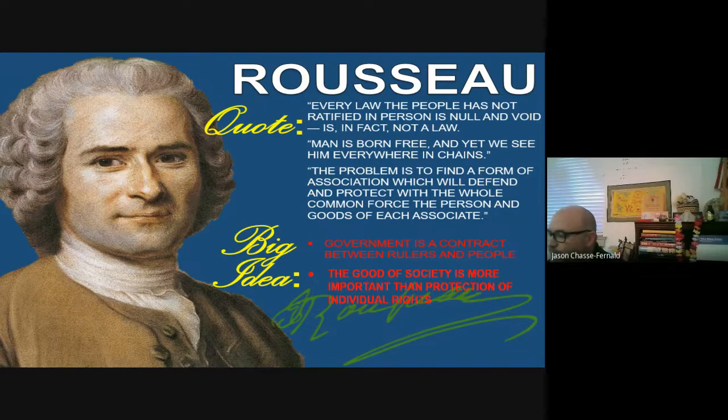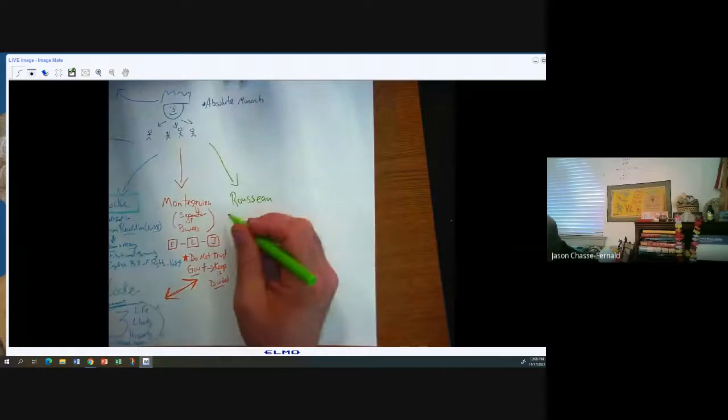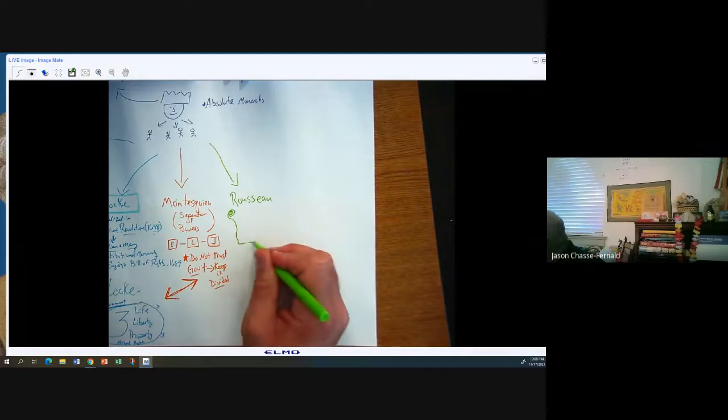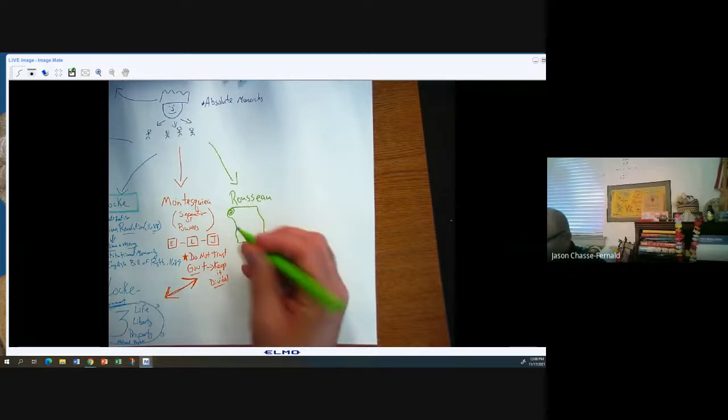All right, so when we look at Rousseau, what are we thinking about? We see here his most famous piece, the social contract.